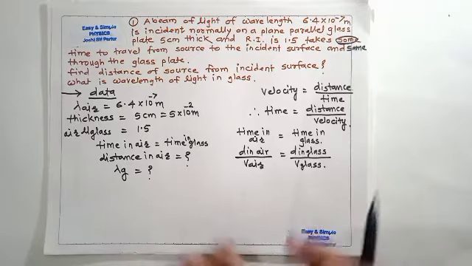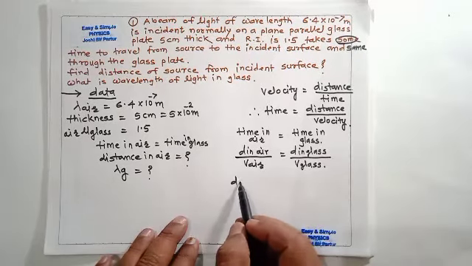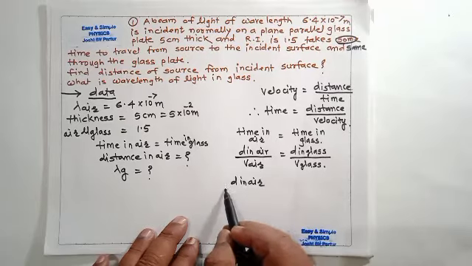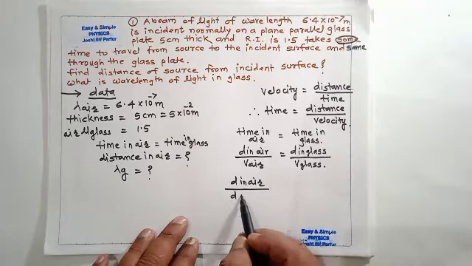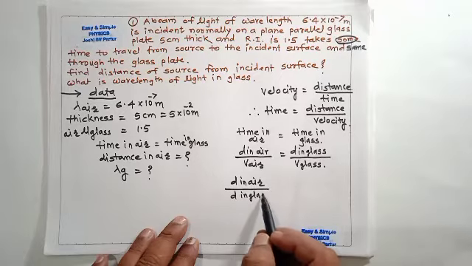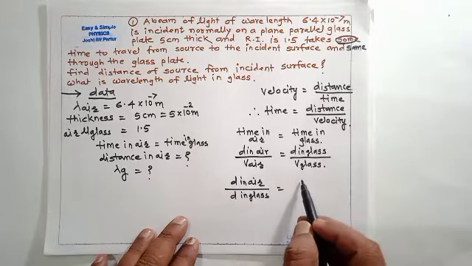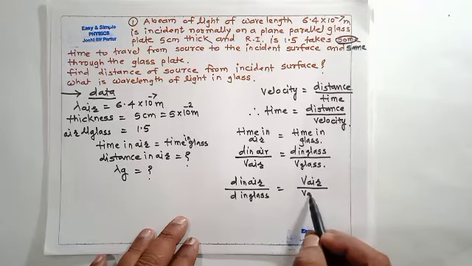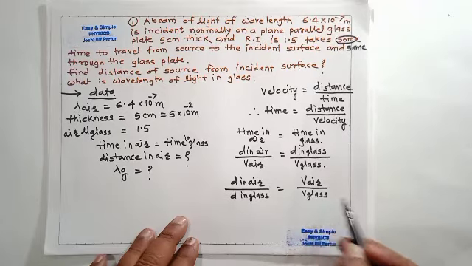If we rearrange the terms, distance in air upon distance in glass is equal to velocity of light in air divided by velocity of light in glass.